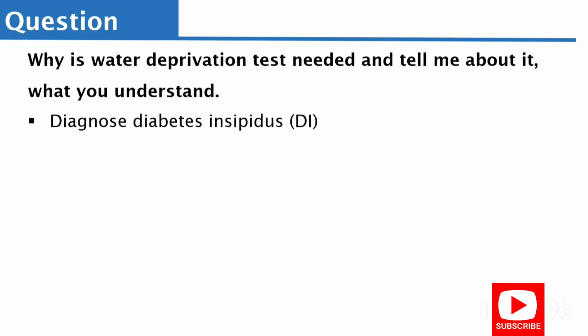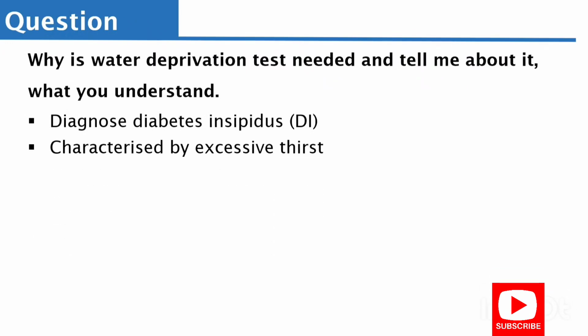First of all, you need to know that when we talk about water, we already know what water means. Deprivation means that you are starving the person of water, and the test is what you are doing, okay? So what this test helps us to do, remember I said, why is the water deprivation test needed? One of the reasons is it helps to diagnose diabetes insipidus.